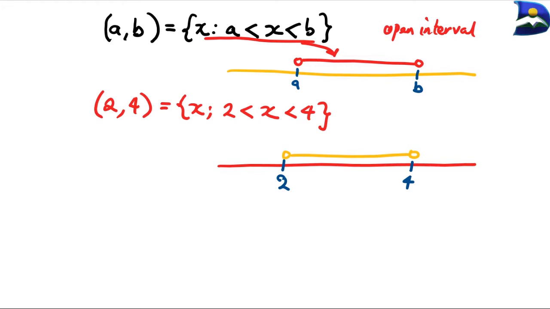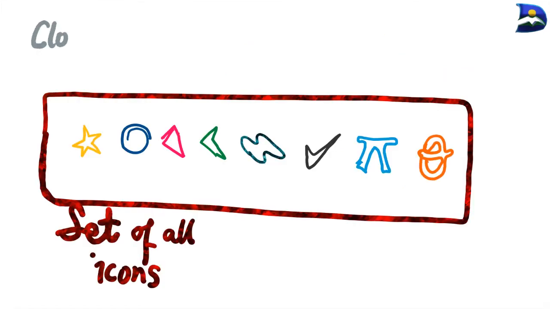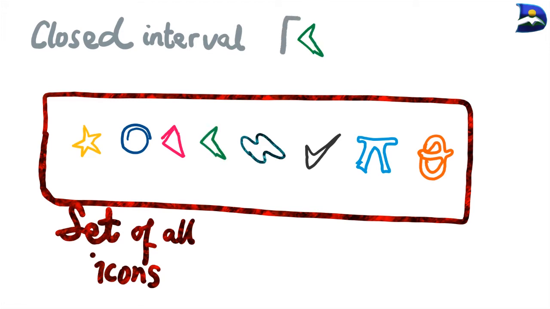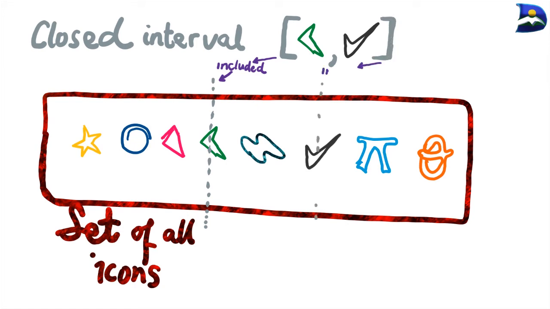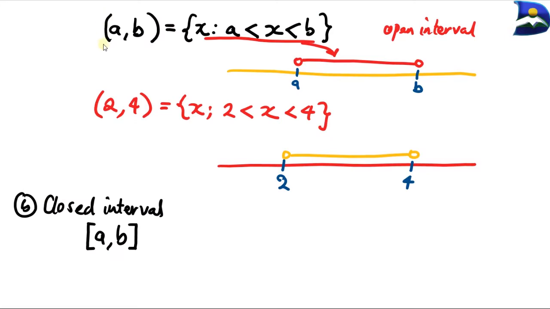Now the other case scenario, in this case B, is the closed interval. A closed interval is expressed with square-edged brackets around a and b, and that is what makes a closed interval different from an open interval, where both brackets are curved.